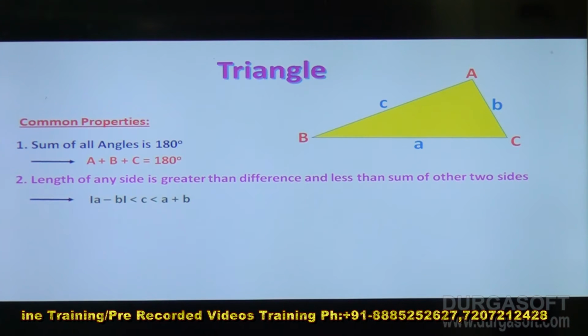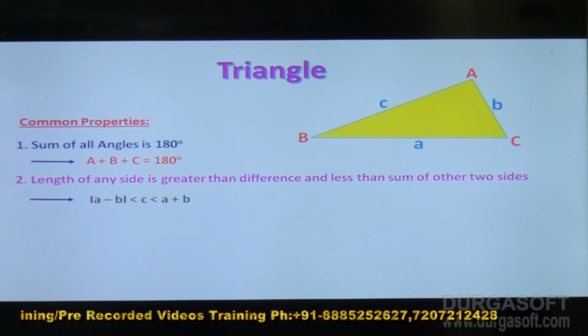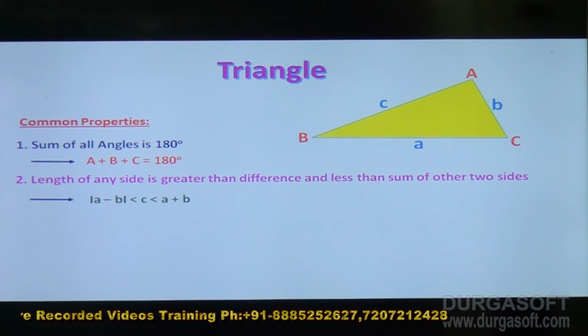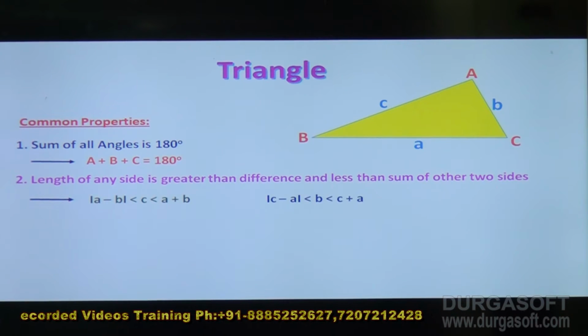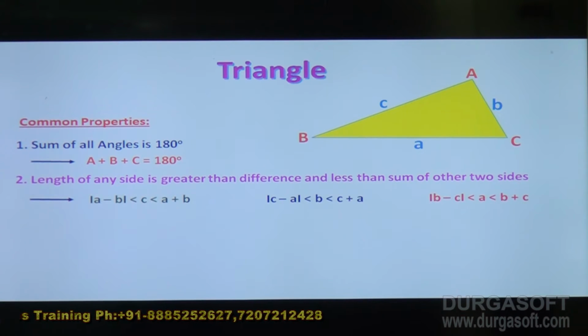And we can even take modulus of C minus A, which is less than B, less than C plus A. And modulus of B minus C is less than A, less than B plus C.